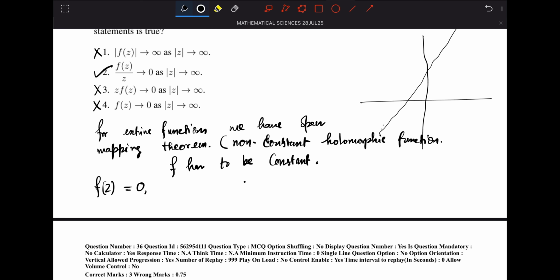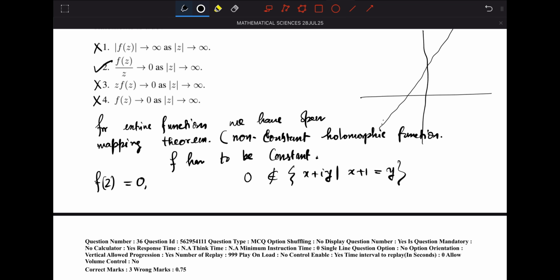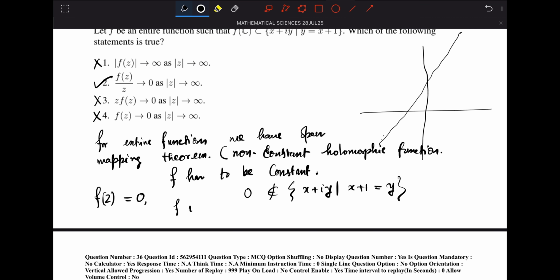But the point is 0 is not inside the set {x plus iy such that x plus 1 equals y}. So f is a non-zero constant, so that's why f(z) by z tends to 0 as mod z tends to infinity is the correct option.